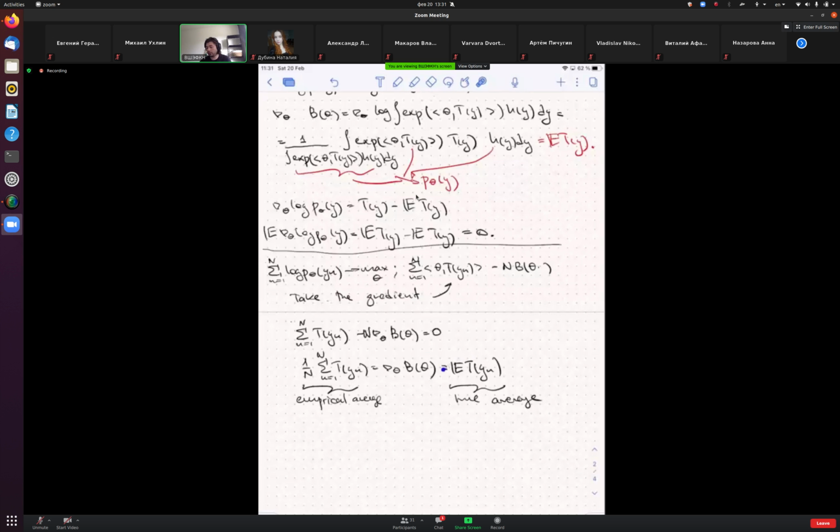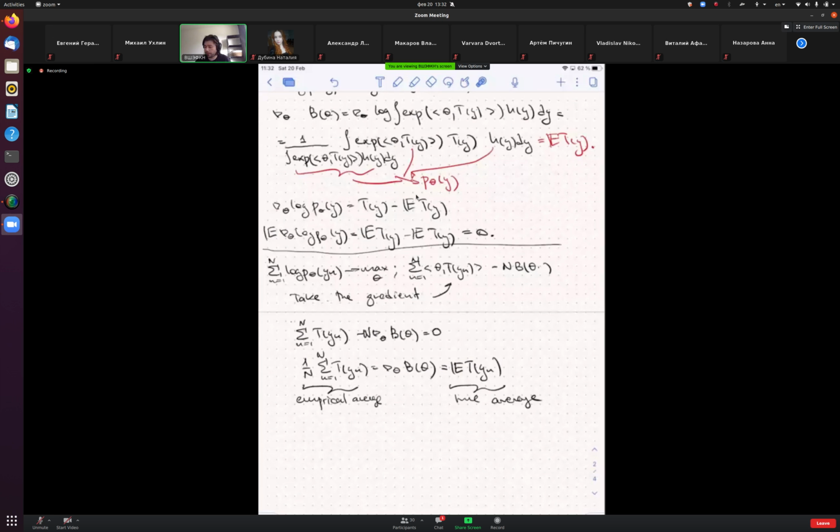And here we say that the parameters of our model should be equal to such a value that if we take the real expectation of our target variable, it should match what we observe. And this is very natural. We would like to choose parameters such that the expectation of our target variable is the same as what we observe.